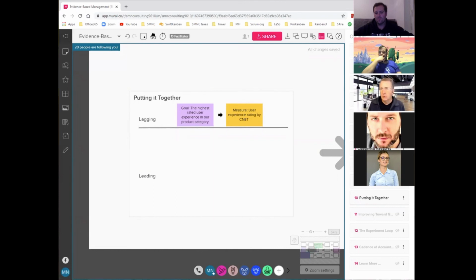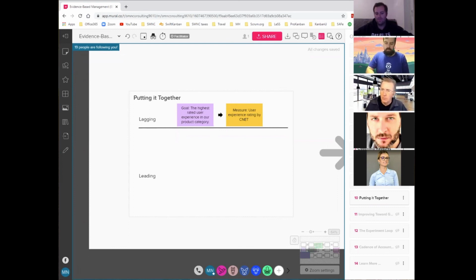We're going to use this independent organization's measure of user experience, and CNET actually measures that. So we could use that as our goal indicator, our goal metric, because our goal is highest rated user experience. So what's our metric? User experience rating. I mean, it's kind of obvious, right?